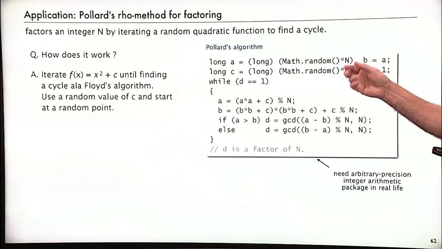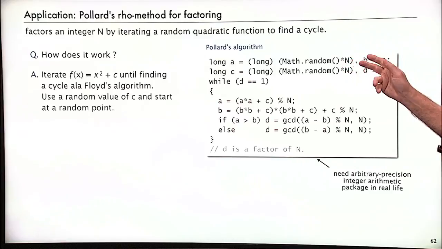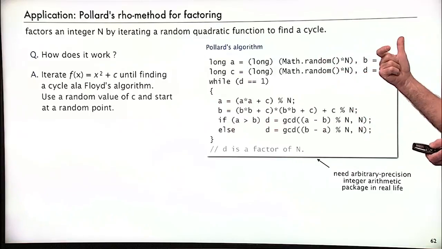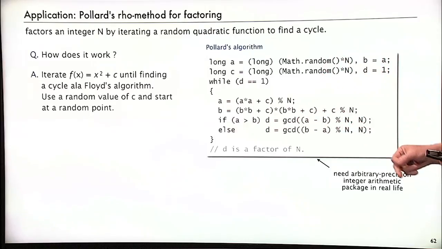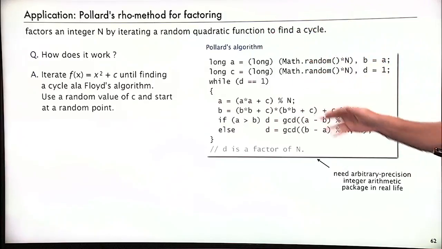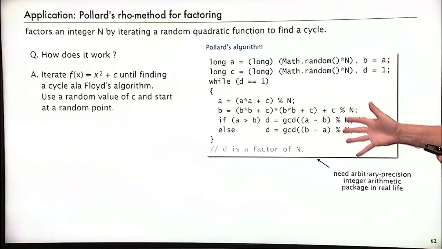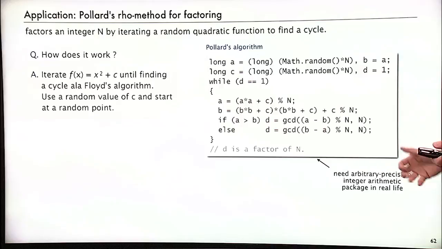We take f of x equals x squared plus c until finding a cycle, and we do it like with Floyd's algorithm, where we take two variables and iterate once for one of the variables and twice for the other. And we use a random value of c and a random starting point, and keep going until this particular condition is satisfied, having to do with the GCD.